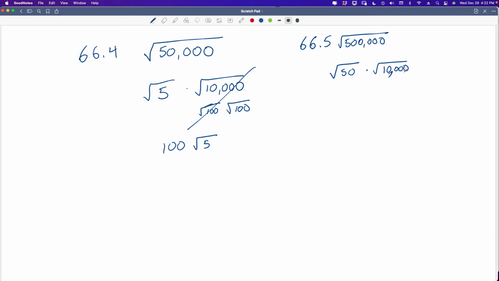So we know that 100 times 100, that's 4 zeros. So we can say 100 times the square root of 50. Well, 50 is square root of 2 times square root of 25. We know this becomes a 5. So 5 times 100, that's 500 times the square root of 2. How about that?